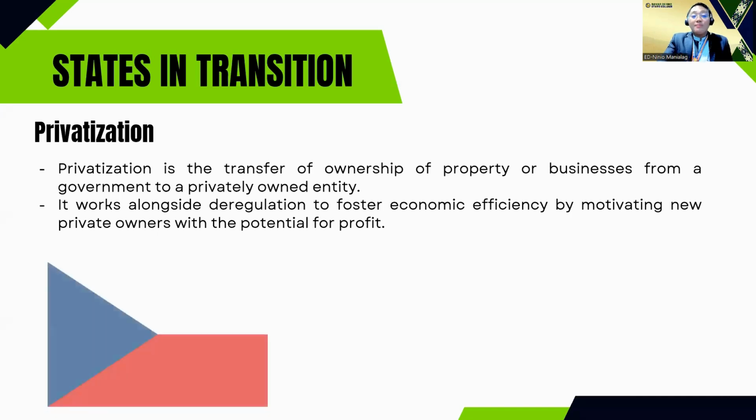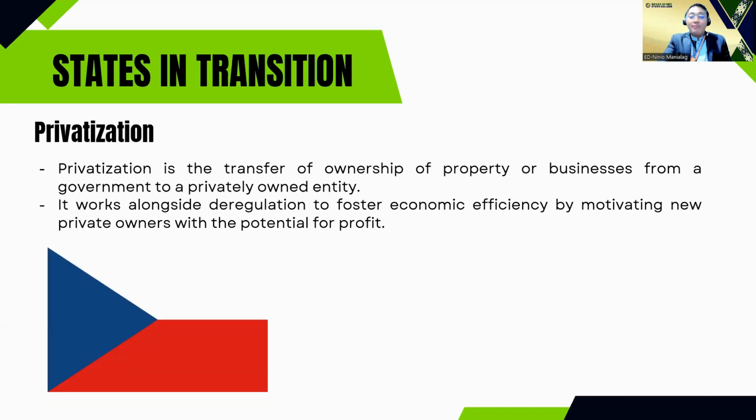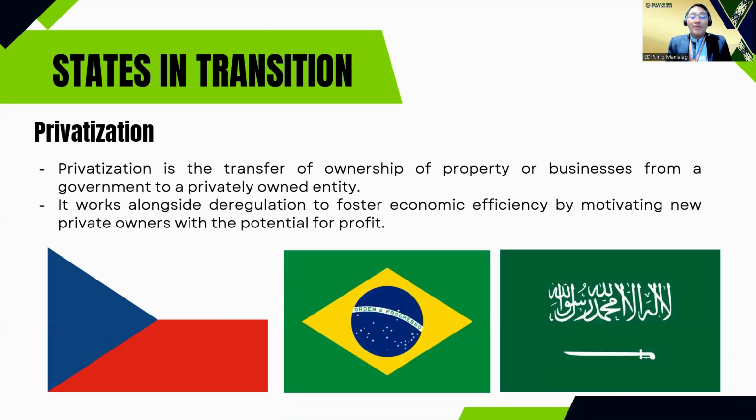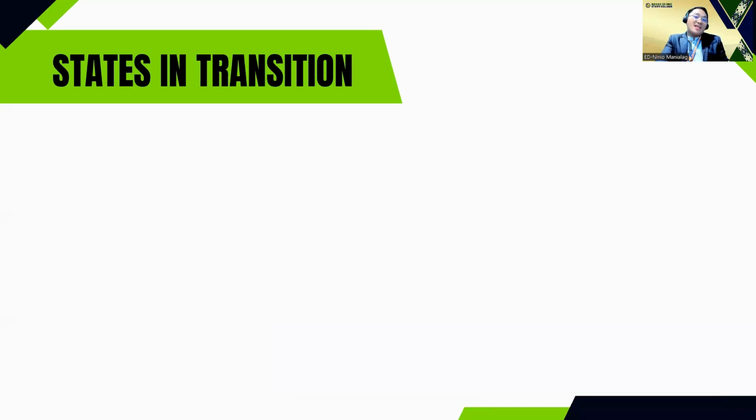In the Czech Republic, for example, privatization helped the private sector's GDP contribution rise from 11% to 60% between 1989 and 1985. Brazil, India, and Saudi Arabia are contemporary examples where significant privatization efforts are underway, although the approach varies by country, such as China's mixed ownership strategy.